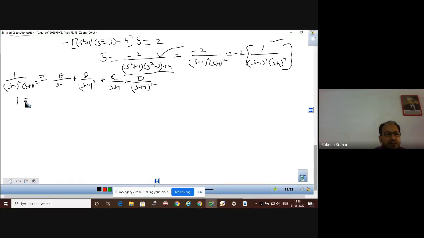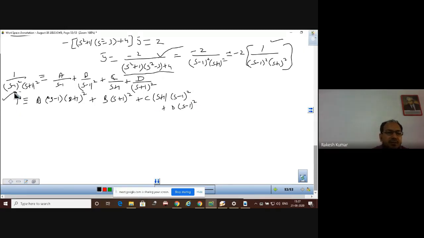Simplify it, that is, a is equal to a over minus 1, and that is a into (s minus 1) into (s plus 1) square plus b into (s plus 1) square plus c into (s plus 1) and (s minus 1) square plus d into (s minus 1) square.